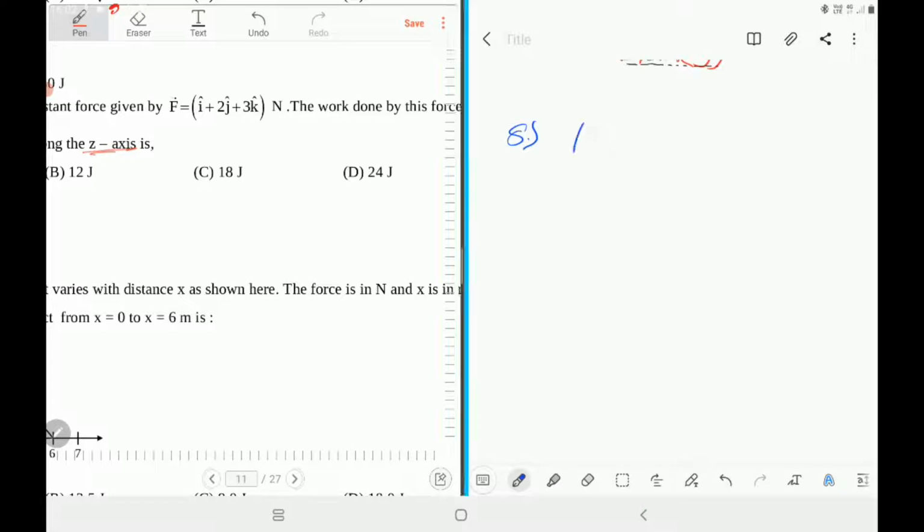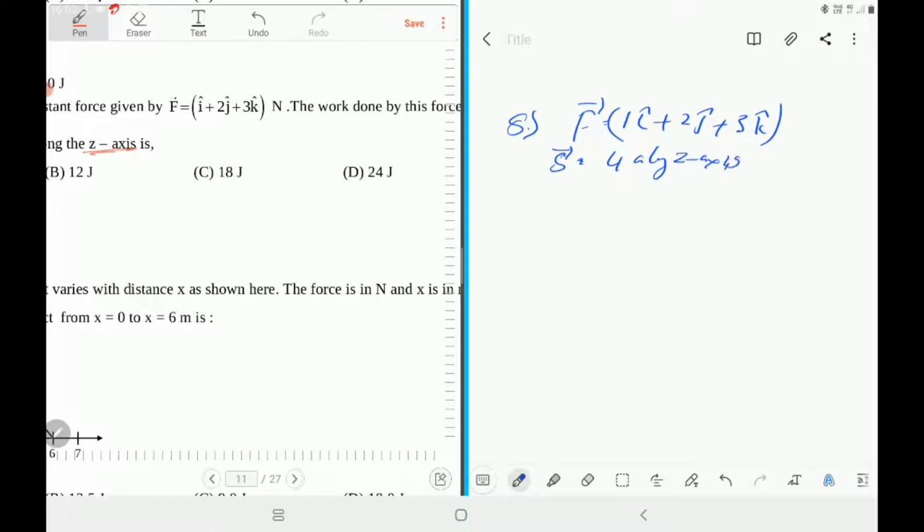So first of all you list the given: 1i plus 2j plus 3k. This is force. And what is displacement? I write the displacement vector. It is 4 along the z-axis. 4 along the z-axis implies what? 4k, where i is the x-axis, j the y-axis and k the z-axis.